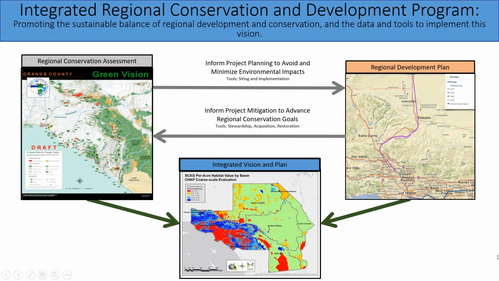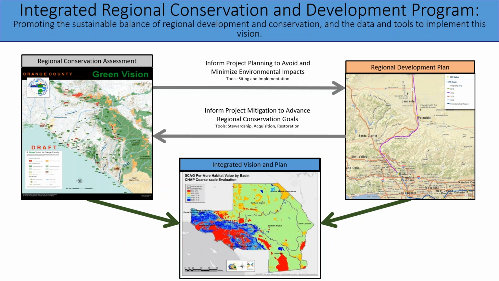And so the model that we've been working under is that if we have a green print, a regional conservation assessment that uses the best of our knowledge, and that's developed up front, then that can help direct conservation and development activities. For development activities, it can help move things into the avoidance and minimization part of the mitigation hierarchy.